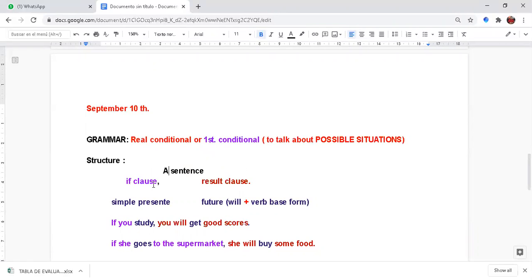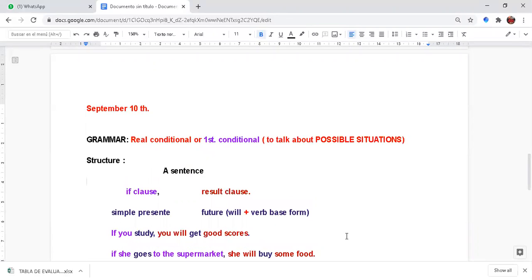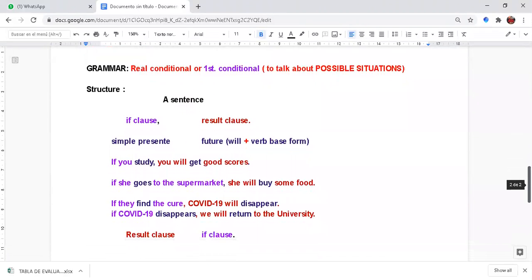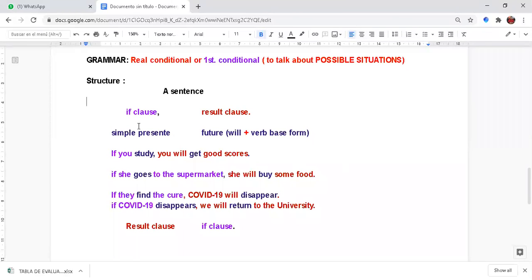And the if clause must have, let me write it. In the if clause you have to use simple present, and in the result clause you must use future.